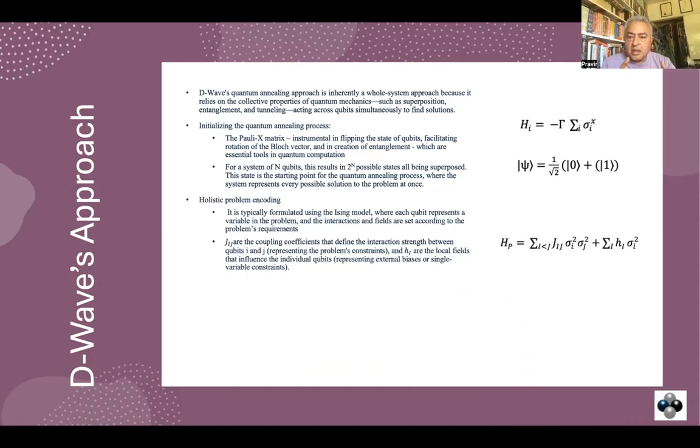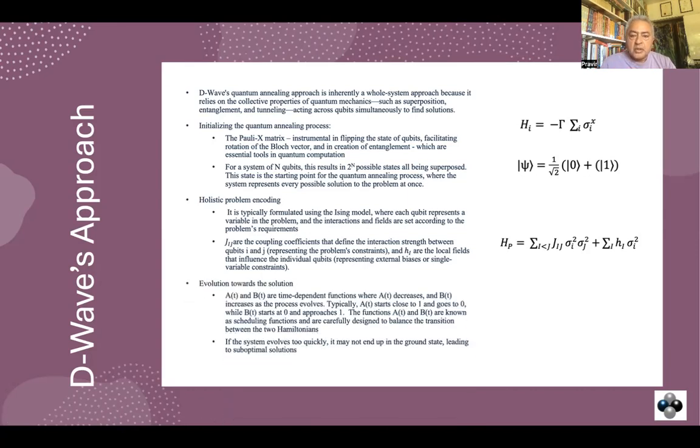There's a process of encoding the problem to be solved in the quantum computer. We can think of i and j as being different qubits that represent different variables, and we can think of the big J and the h as being constraints that exist in that problem. So you've got variables and constraints, and this is all encoded in the qubits and the interaction of the qubits. Basically, there's an adiabatic evolution towards the solution.